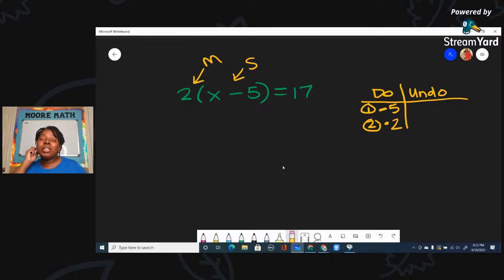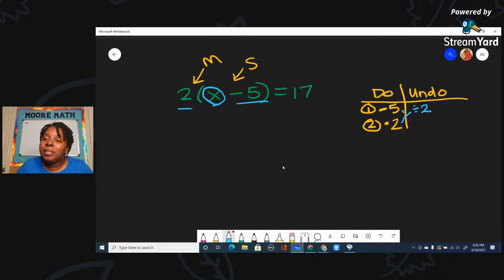So if we didn't want to multiply it first, we could do it this way, okay? So watch this. Well, I need to get rid of that times 2. I need x by itself, and all this other stuff is getting in my way. So first things first, I'm going to work backwards to get rid of all of this stuff. So what is the opposite of times 2? Divided by 2.